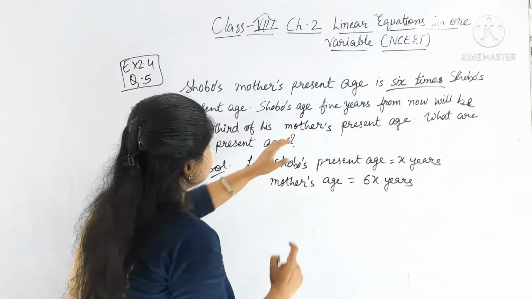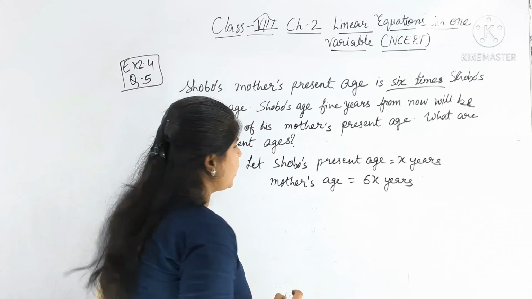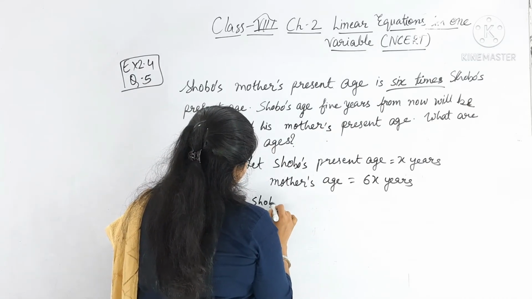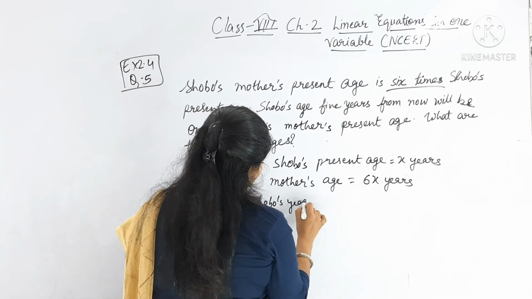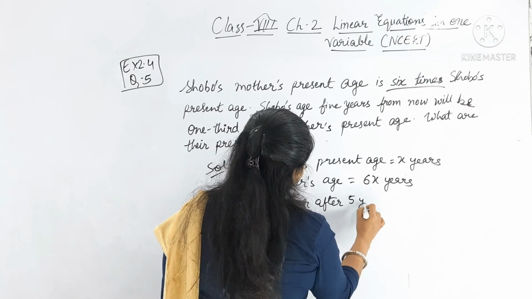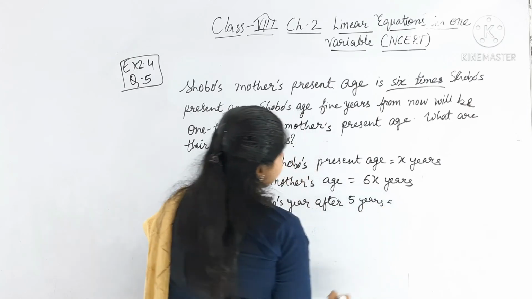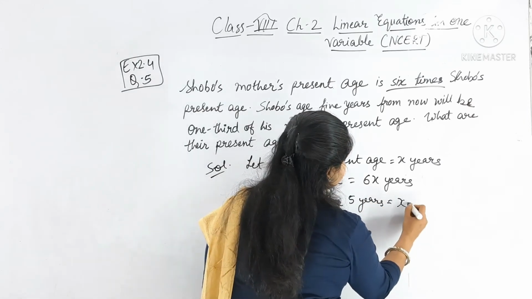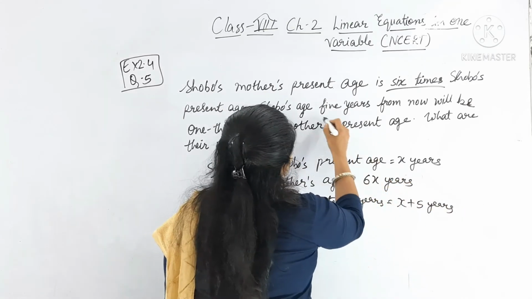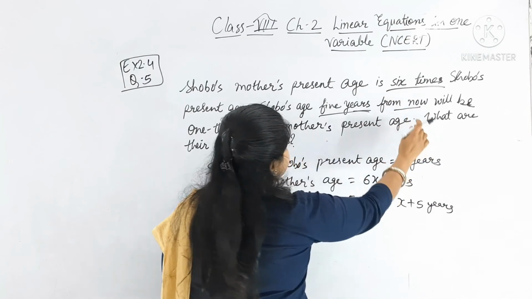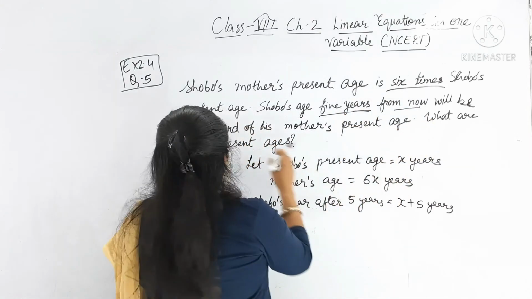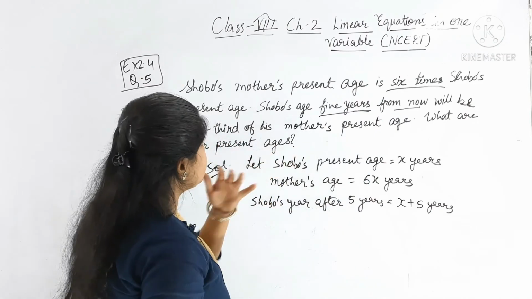So Shobha's age 5 years from now. After 5 years, what will it be? x plus 5 years. Now it is x, so after 5 years it will be x plus 5, which will be 1/3 of her mother's present age.